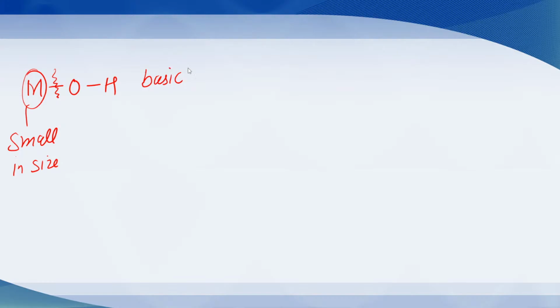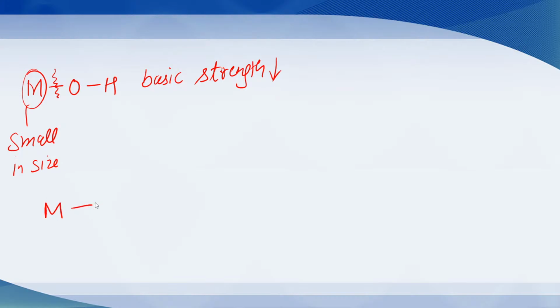The reason is simple: when the metal attached to oxygen is small in size, then M-O bond breaking is difficult, because this M-O bond is then covalent in nature and it is very difficult to break it, and therefore basic strength decreases.